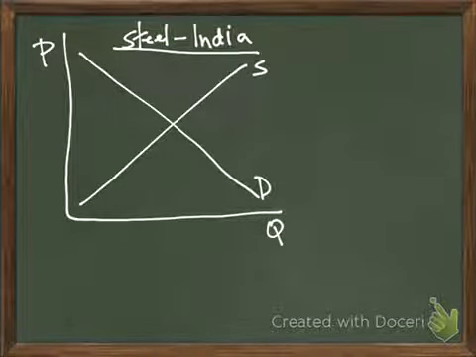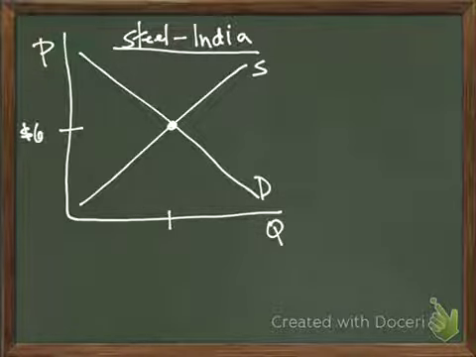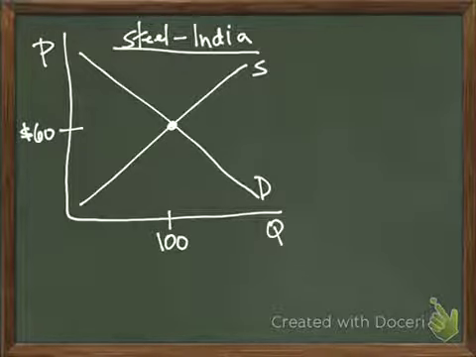And if India was a closed economy, meaning that they do not trade with others, then the price of steel in India would be $60 per ton, and the market equilibrium, we'll just say it's 100 tons per week. Okay, so again, no trade with anyone else, then this is equilibrium in a closed economy in India.